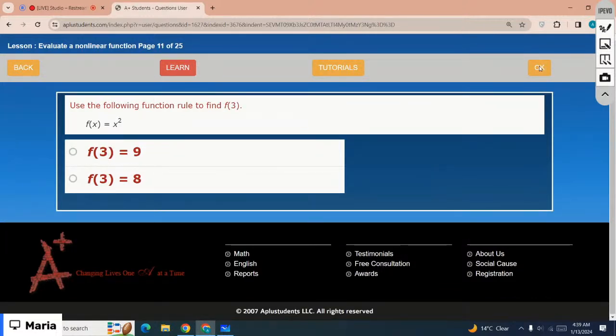Use the following function rule to find f of 3. So which is the correct option?